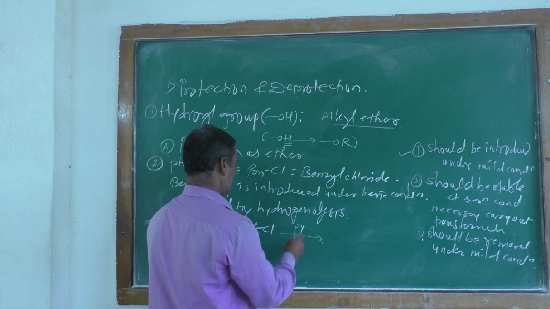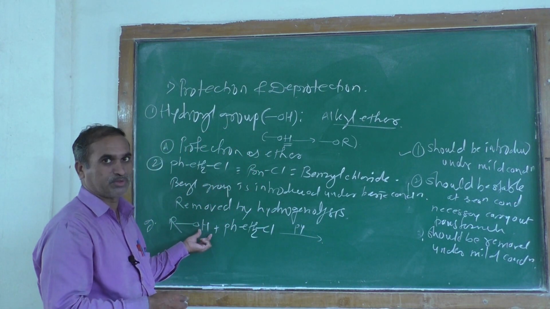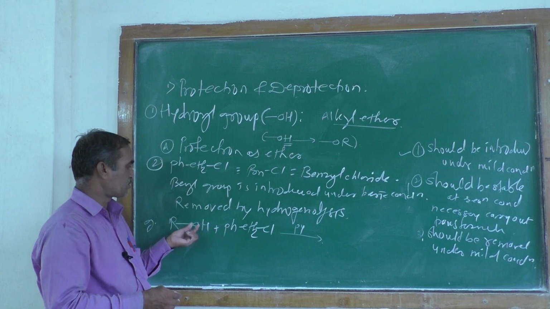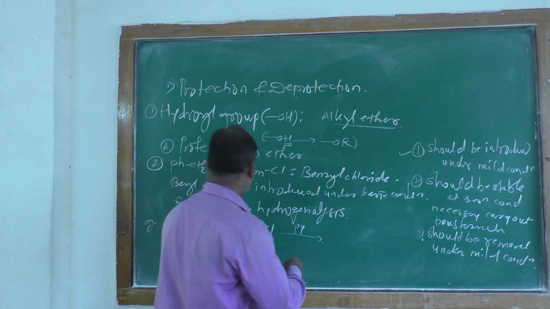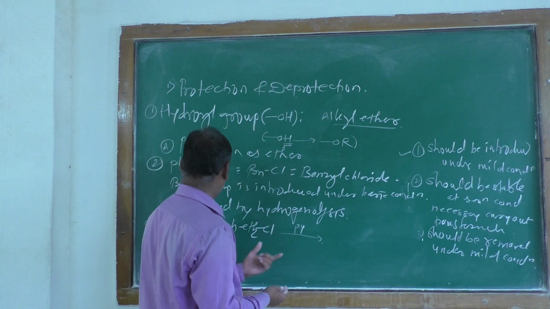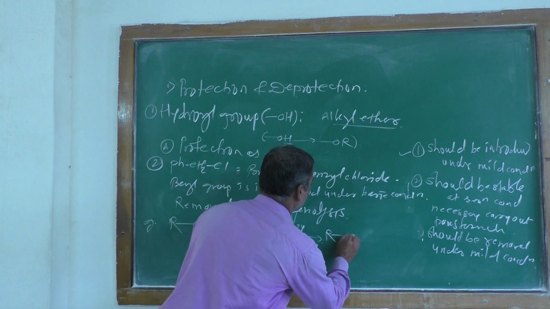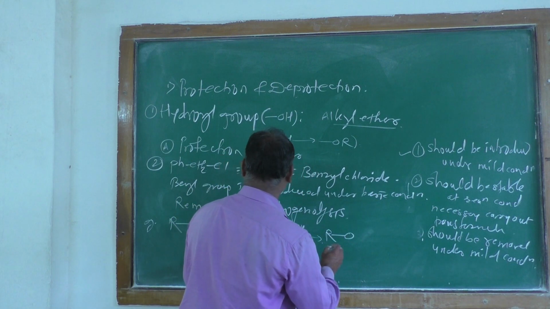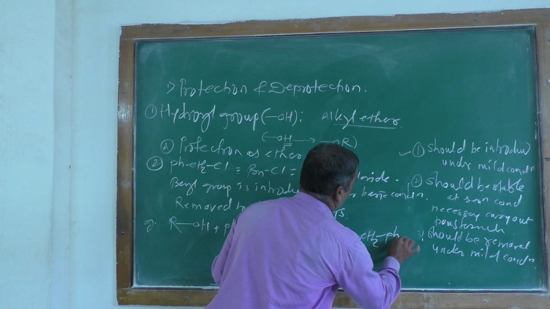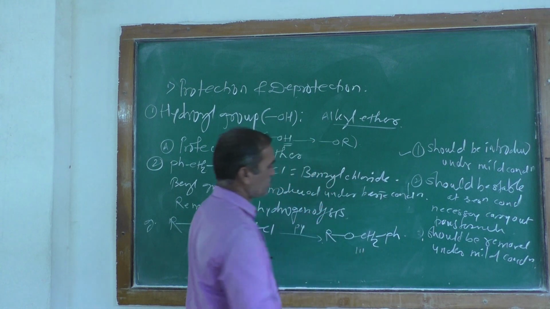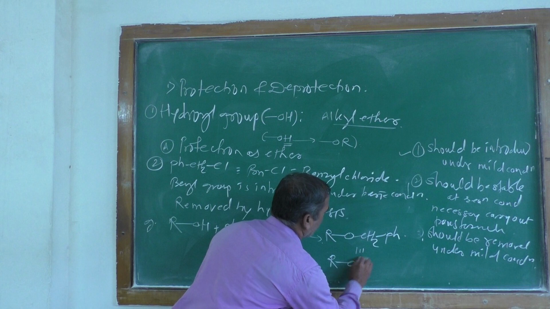Pyridine acts as a base to remove the acidic proton attached to the oxygen atom, very easily, so that we get R, then O, then CH2Ph, or in short ROBn.